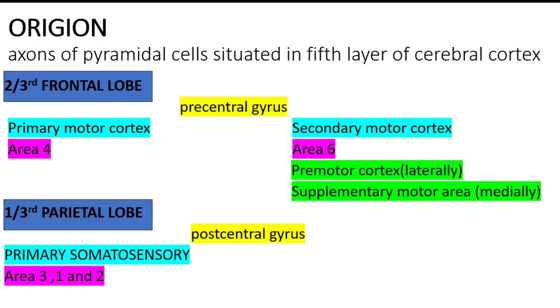Basically, the Brodmann system classifies the brain into about 52 areas, with some present in the frontal lobe, some in the parietal, some in the occipital, and some in the temporal lobe.